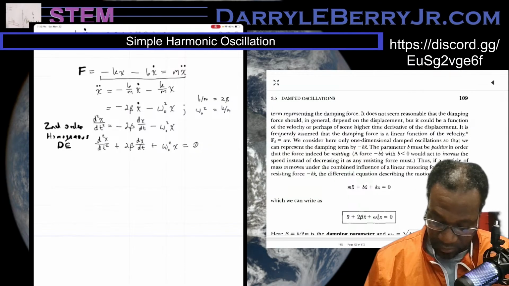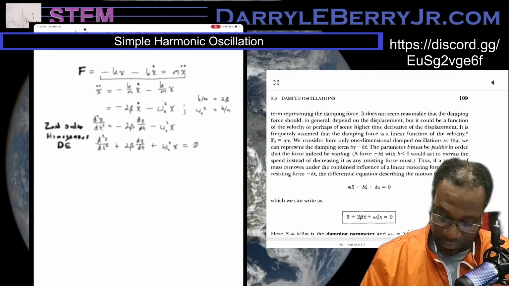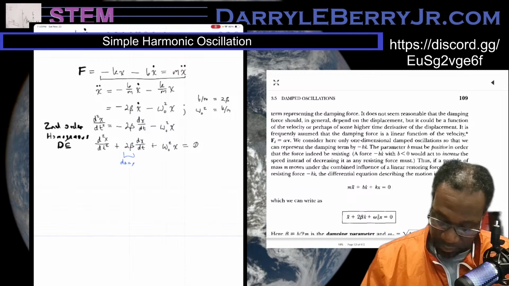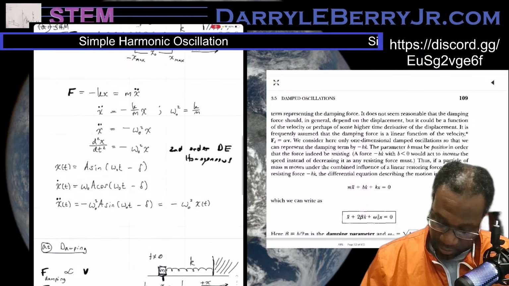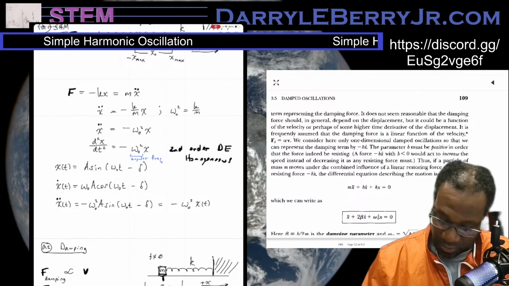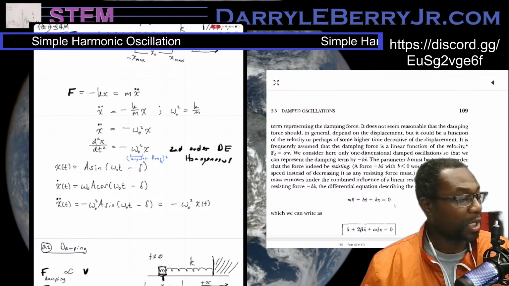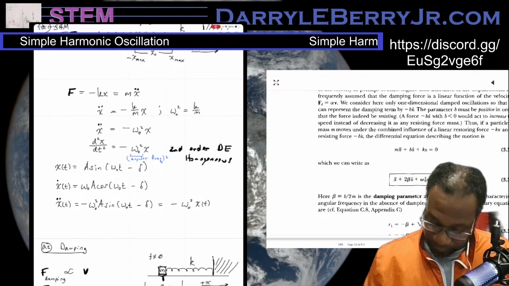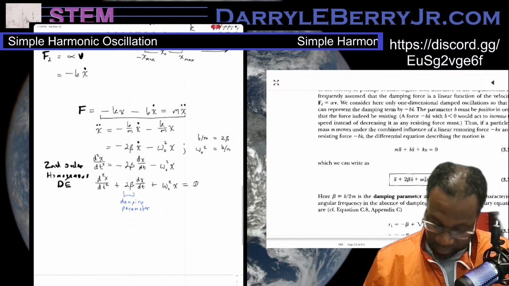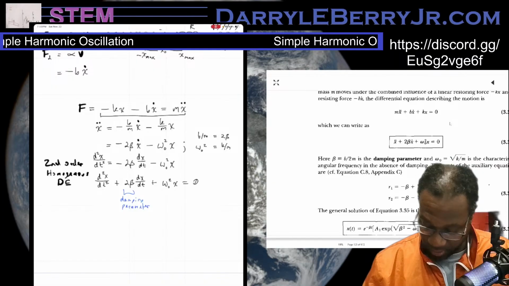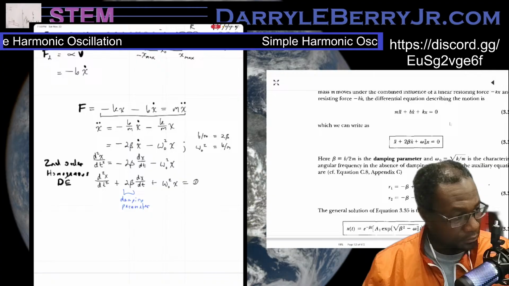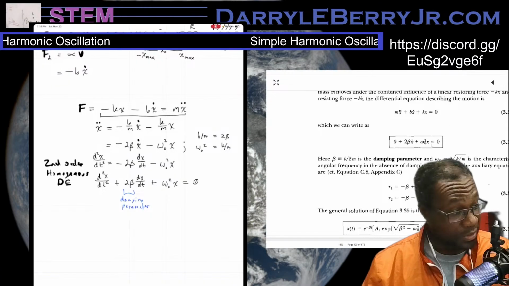We have d squared x over d t squared plus 2 beta dx over dt plus omega naught squared x equals 0. So we're going to solve this second order differential equation to get the position. If I was to point out, beta is called the damping parameter, and omega naught is the natural frequency. And if you notice, this equation is equation 3.35 in the book.